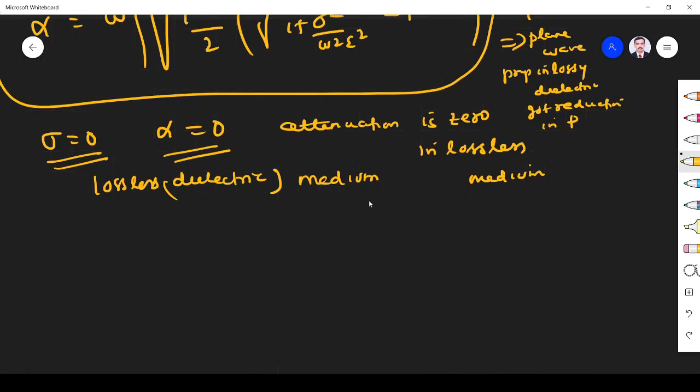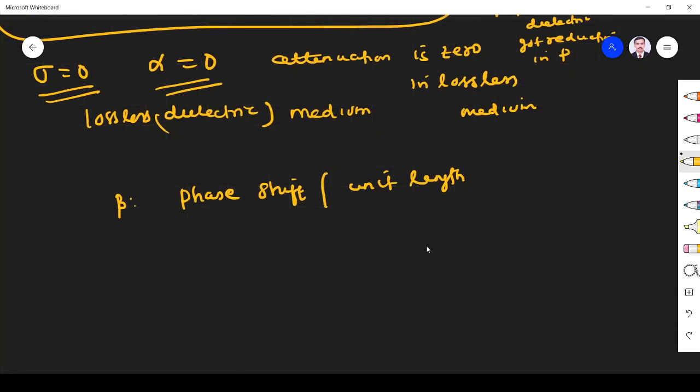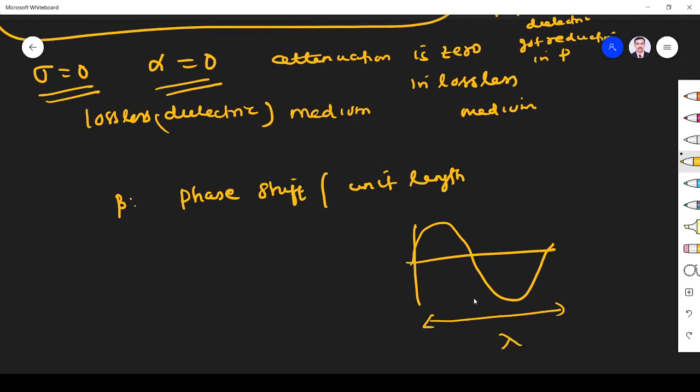So that is the important point. That's alpha. Beta is a measure of phase shift per unit length. That is a very important point to be discussed. You see a wave propagating like this. Let's take a sinusoidal wave because we are dealing with phasors. This is lambda, the wavelength, the length of one wave.